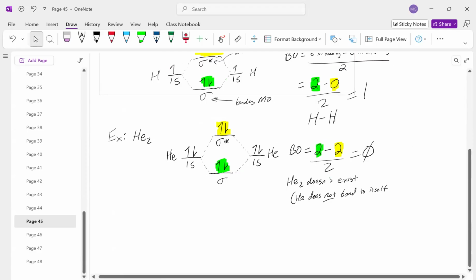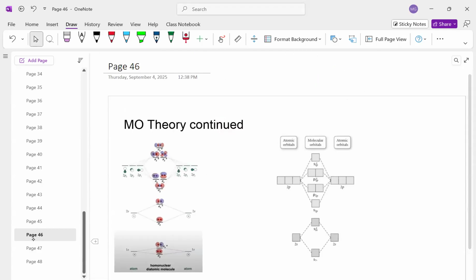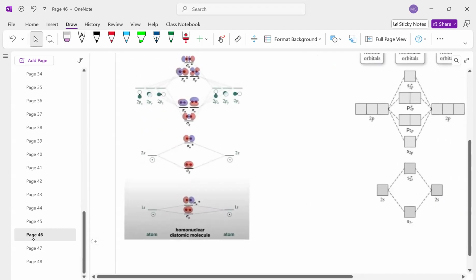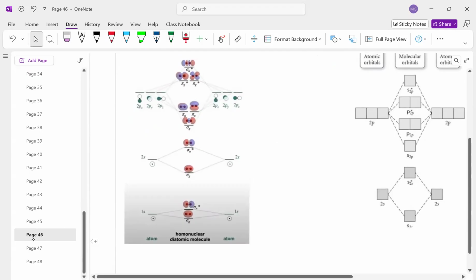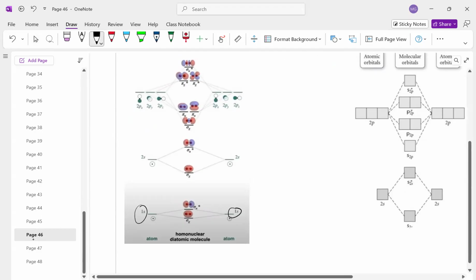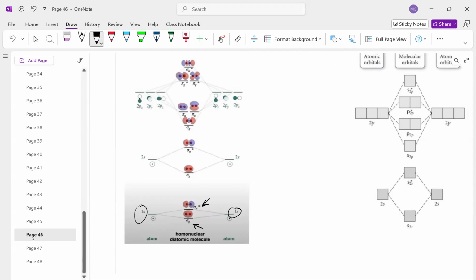All right, let's get a little more complex and look at oxygen. Now, this diagram on the left, I want to demonstrate a little bit because we've just been talking about s orbitals. So let's go into atoms that go into the p block. How do we handle that? So we have our 1s orbitals here, and those form the bonding and anti-bonding molecular orbitals. Then we go to the 2s.